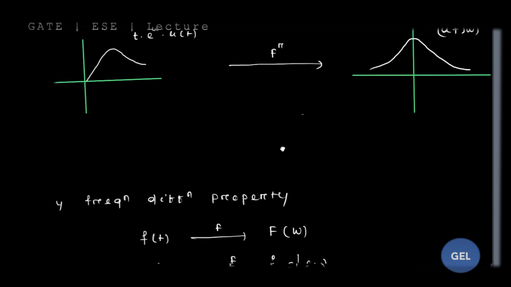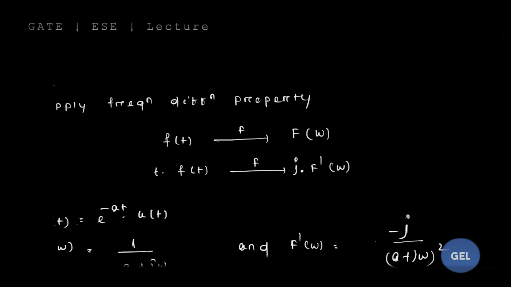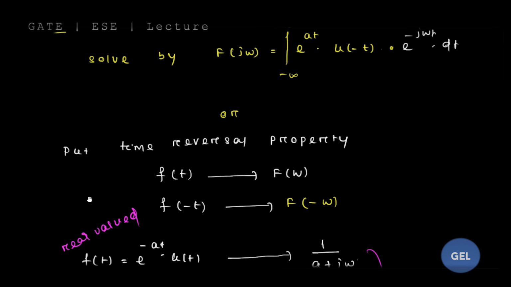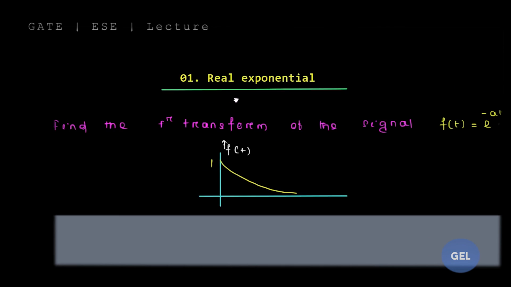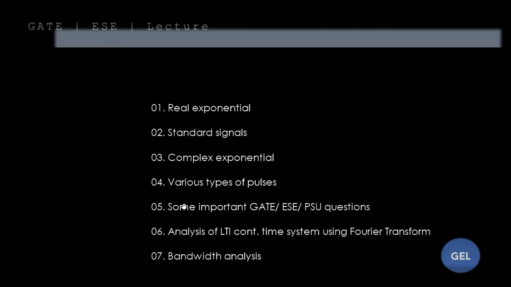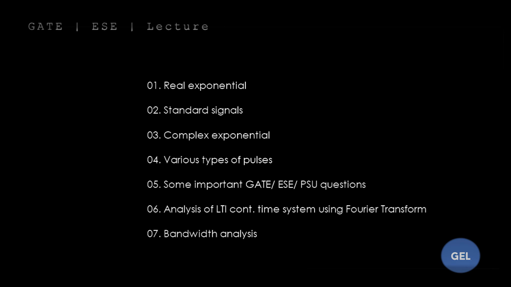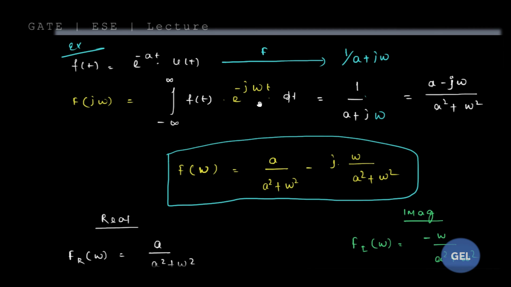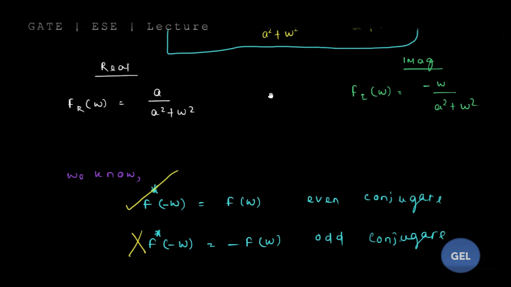Clear with this concept? Okay, here are the things that we have studied. We have studied what we are going to cover in our entire syllabus, and we have started with the real exponential signal. In the first place, we started with a one-sided, single-sided real exponential, found its value, factorized it, and found a very important observation.